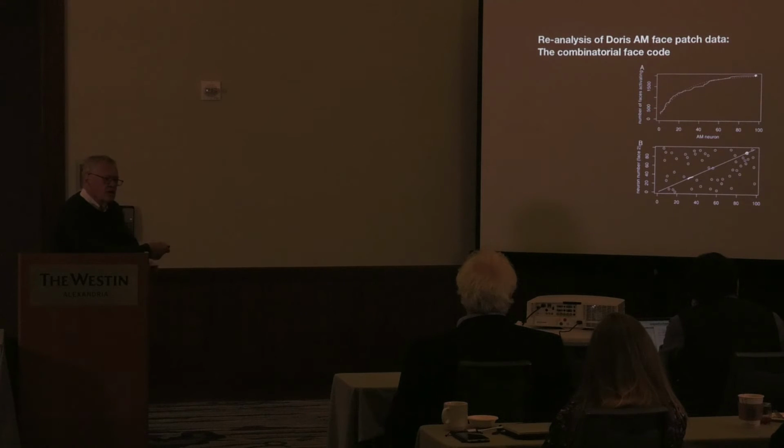Anyway, she showed 2,000 faces to each of 2 monkeys, and these were human faces. And this is the number of faces that caused this particular neuron here to fire spikes.